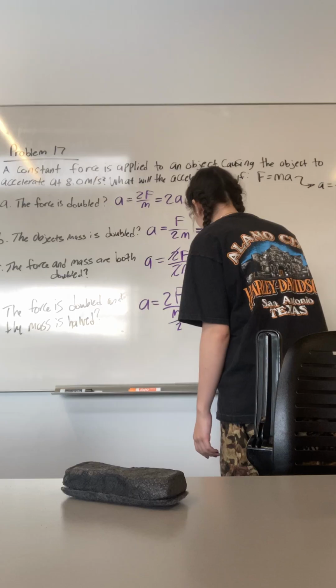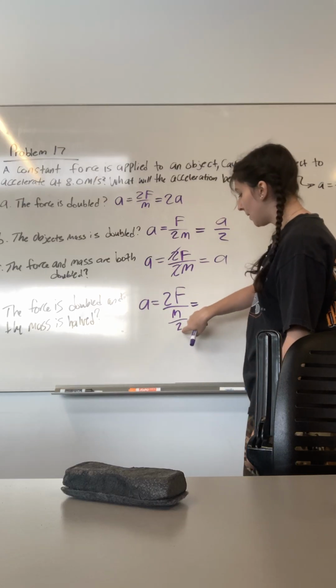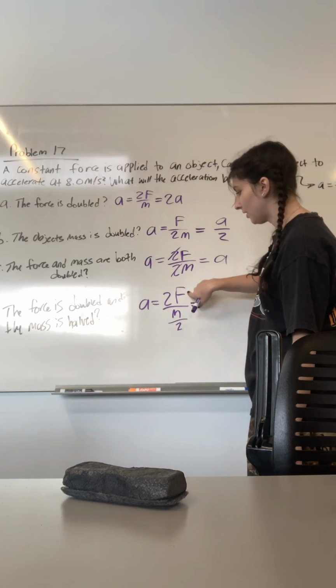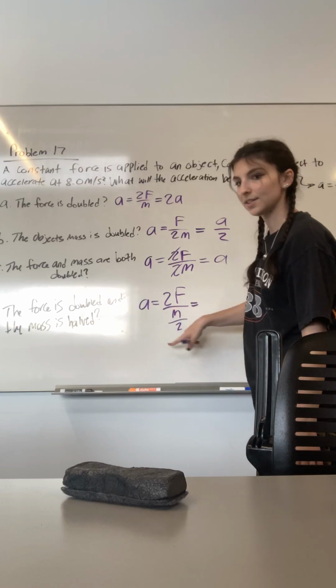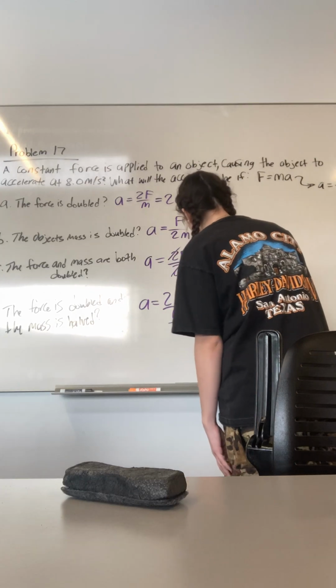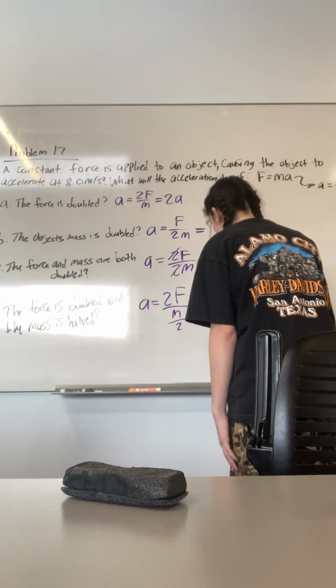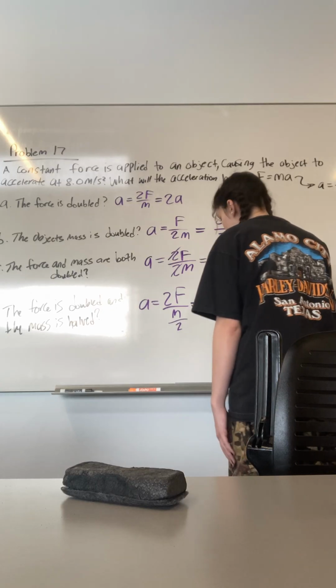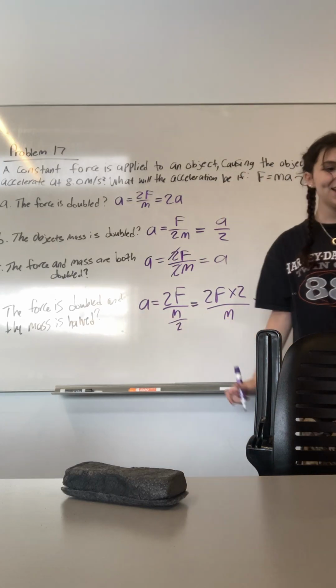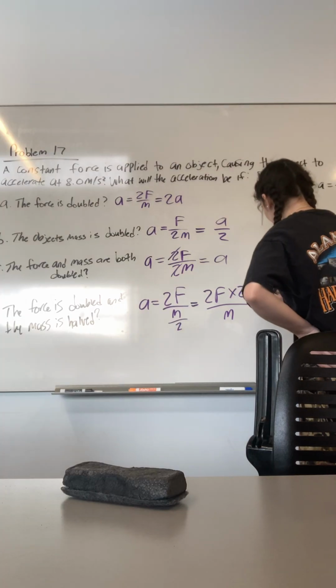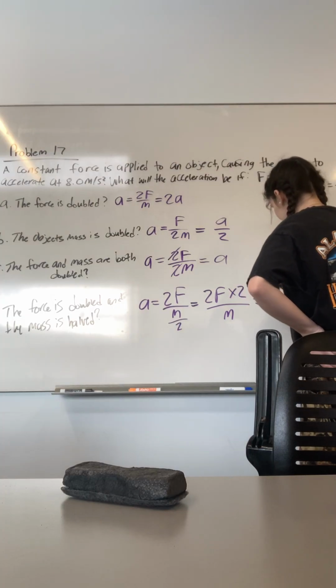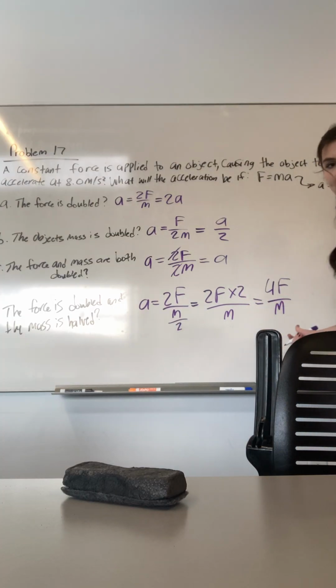We would multiply that 2 to go up here so that we can get rid of this ugly fraction. So we would do 2 times 2F over mass. Now that's going to give us 4F over M.